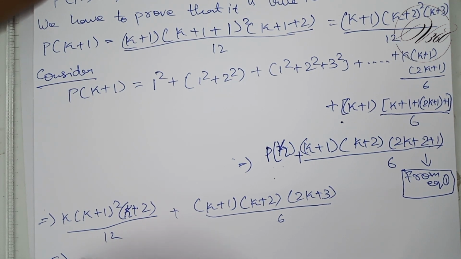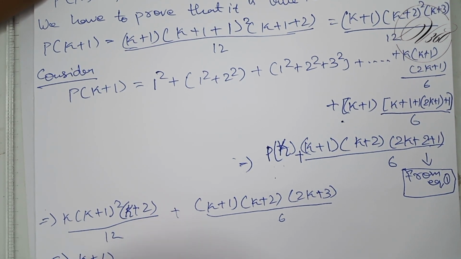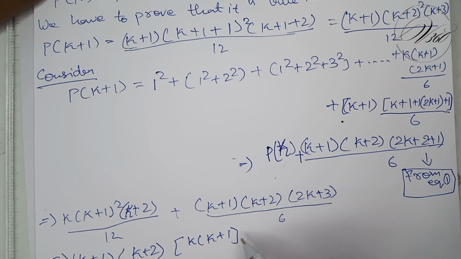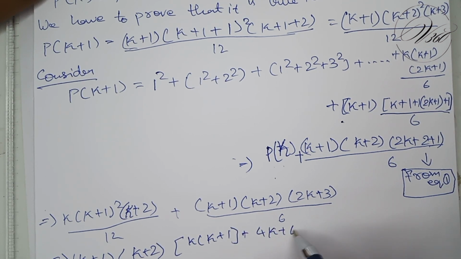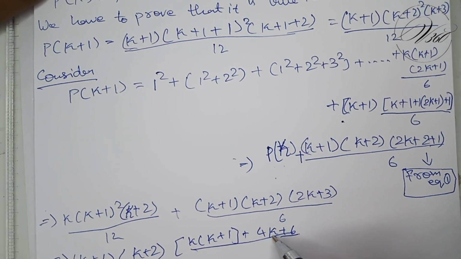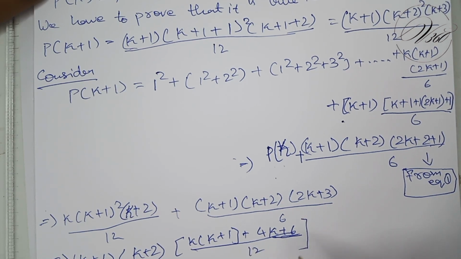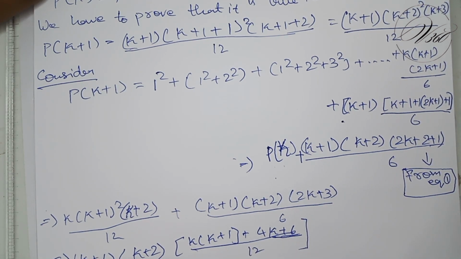which is here equal to k plus 1 of k plus 2 of k plus 1 plus 4k plus 6 by 12. k plus 1 of k plus 2 of k square plus k plus 4k plus 6 by 12.